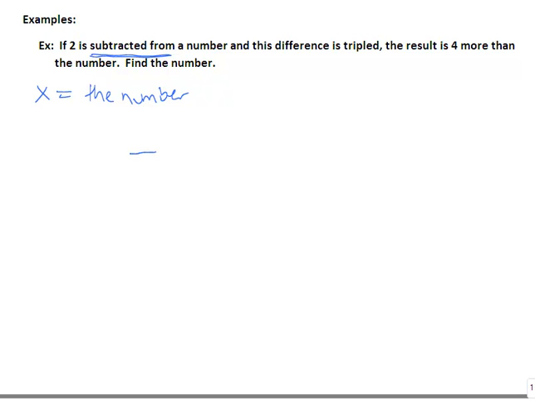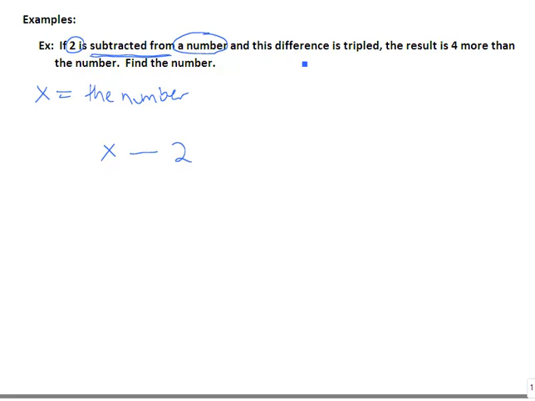It is subtraction, but what comes in front of that phrase, in this case the 2, actually comes after the minus sign. So we're going to subtract 2 away from a number, so we put our x in front of the minus sign. So 2 is subtracted from a number becomes x minus 2.